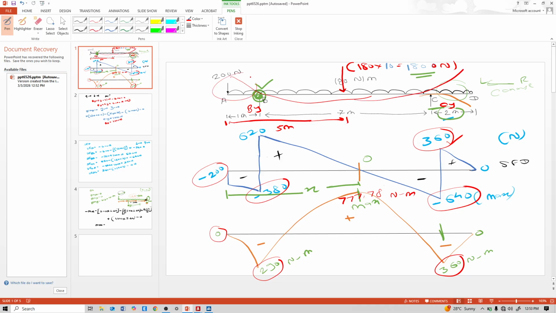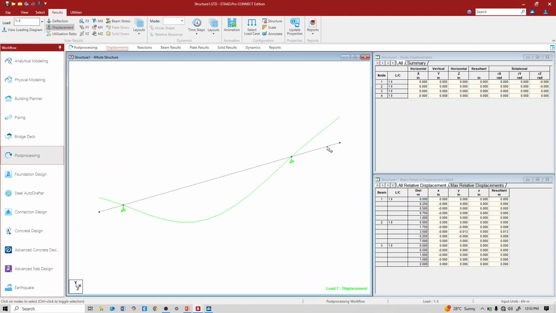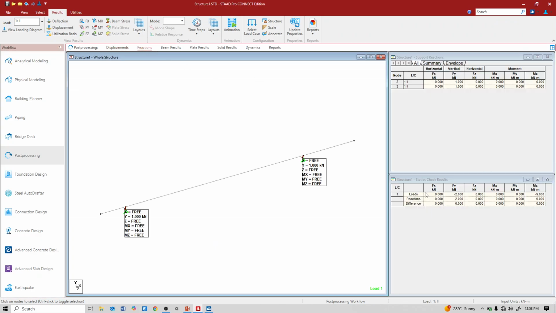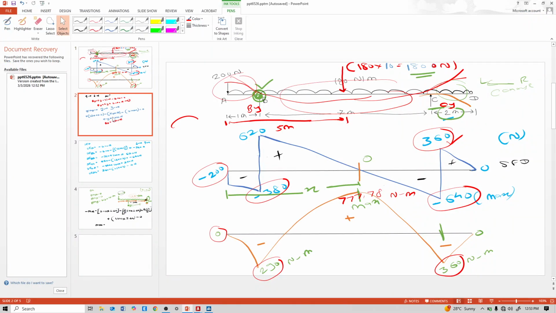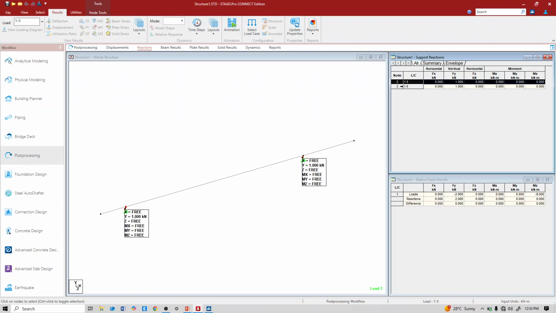Here it is hogging and at this portion it is sagging. See reactions: 1 kilonewton, 1 kilonewton, and ours is 1000 Newton, 1000 Newton, that means same.